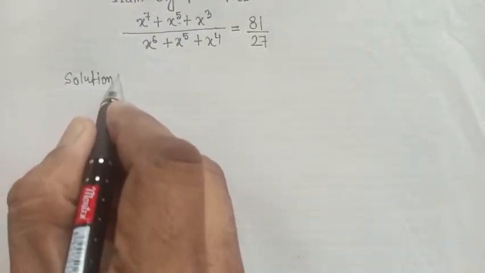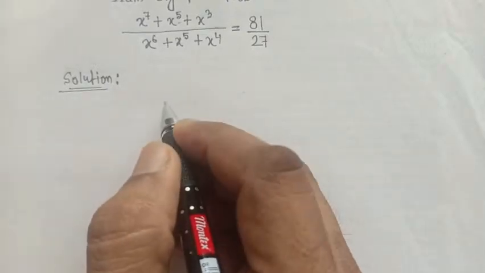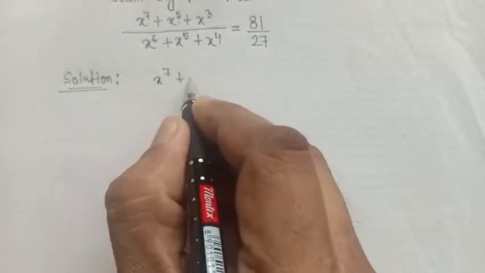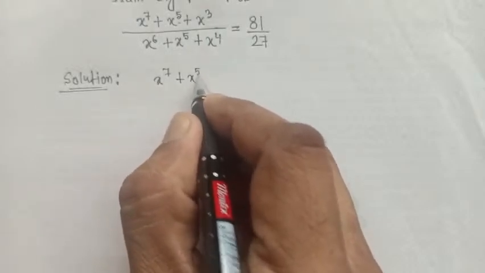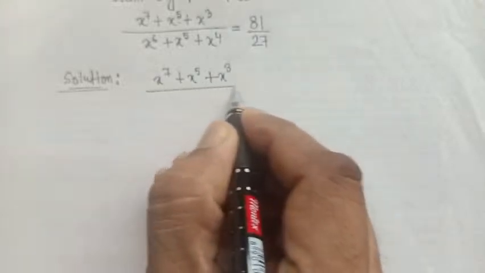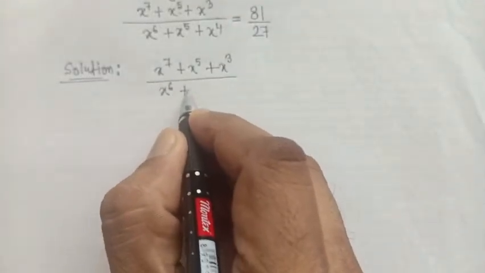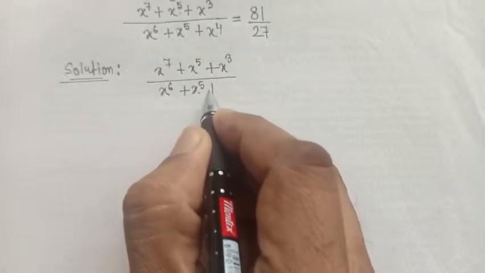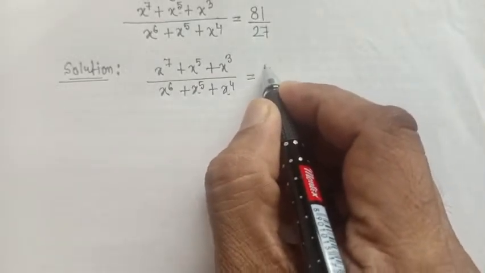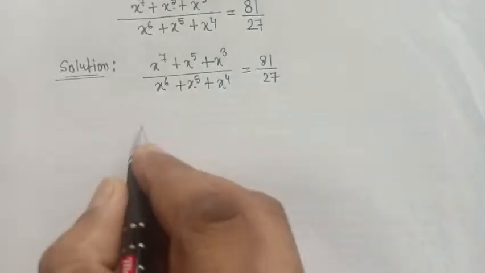So we have started to find the solution or value of x. We have the expression x to the power 7 plus x to the power 5 plus x cubed, by x to the power 6 plus x to the power 5 plus x to the power 4, is equal to 81 by 27.